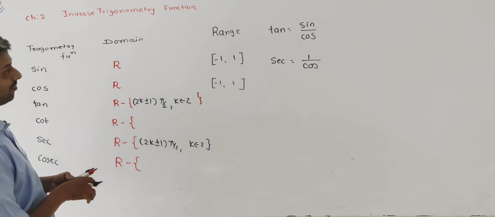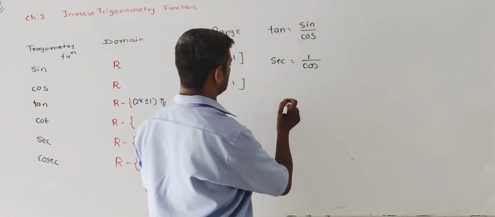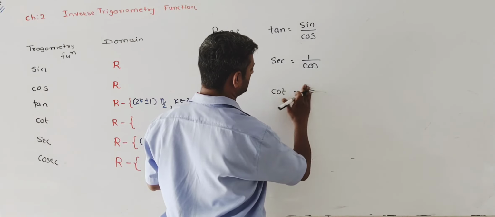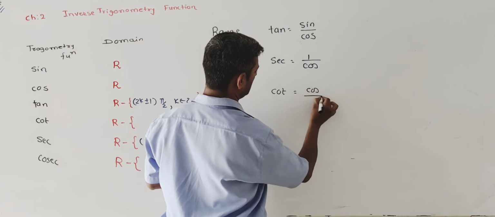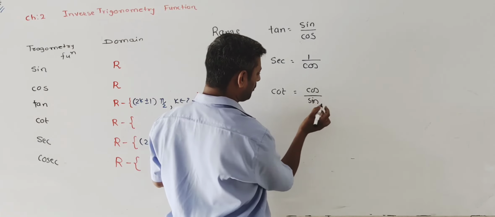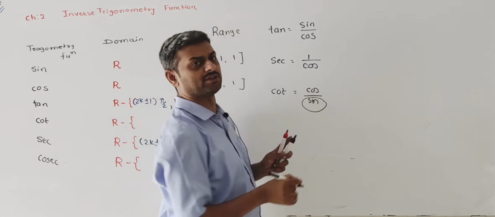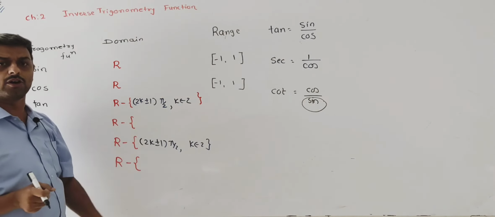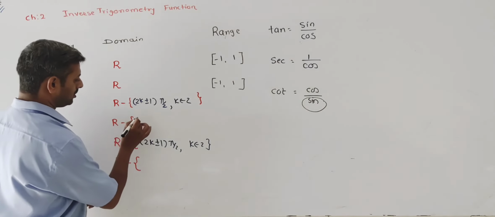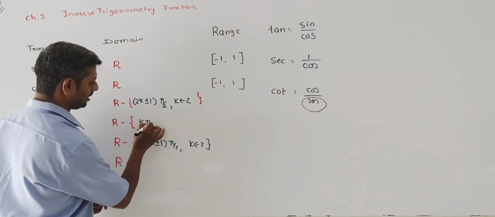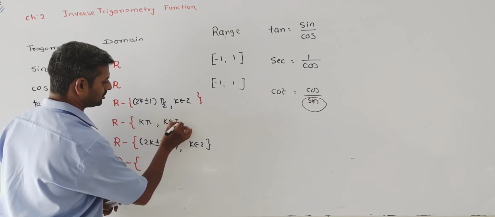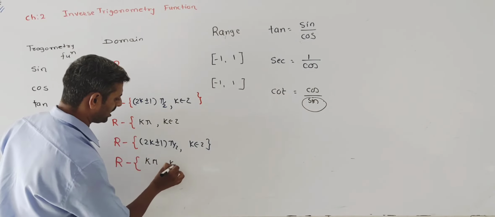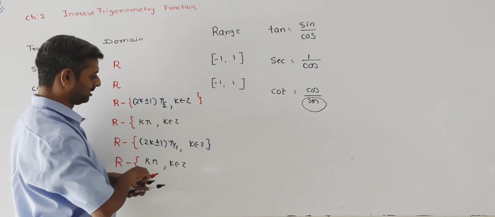Now what about cot and cosec? Cot is equal to cos upon sine. Where sine is becoming 0, those angles we have to remove from your domain. So that is R minus k pi, where k belongs to z.